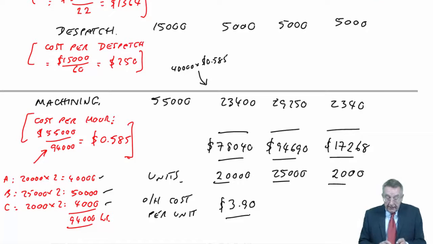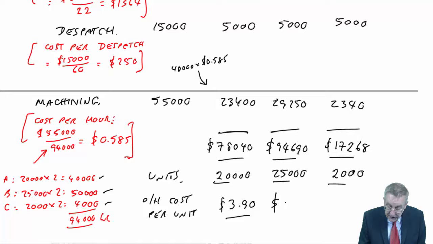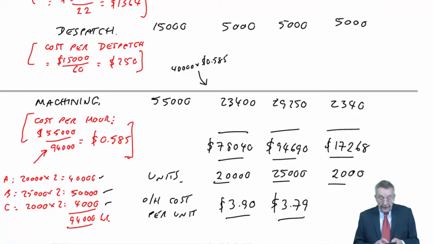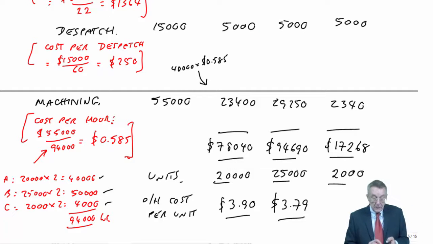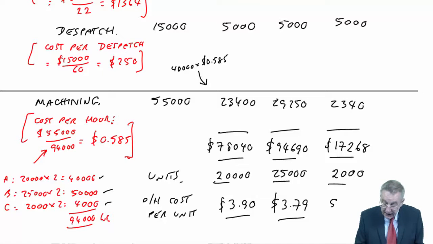In the same way though, B, 94,690 divided by 25,000 units is 379 a unit. And finally C, let me check again, sorry, 17,268 divided by 2,000 is $8.63.